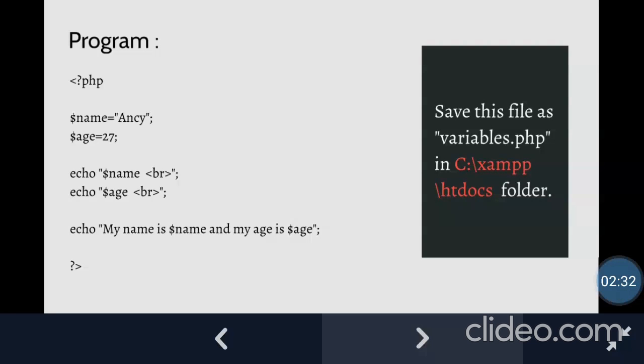We have to just write the code in Notepad and save the file as variables.php. In which folder you have to save it? You have to save it in C drive under XAMPP folder under htdocs folder. In htdocs folder you have to save your file and name the file as variables.php.